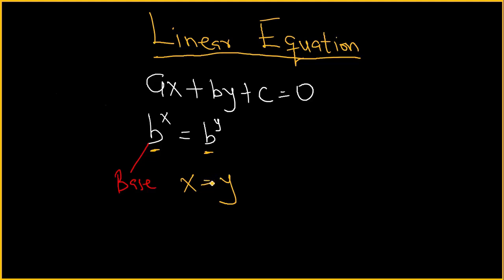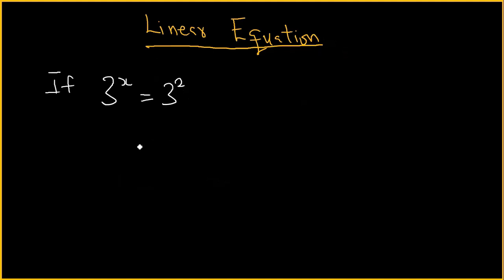Okay, so if 3 to the power x is equal to 3 to the power 2, here we are to find x. So this is an equation, and where is this equation leading us? With the linear, it says if the bases are the same, the powers are equated.